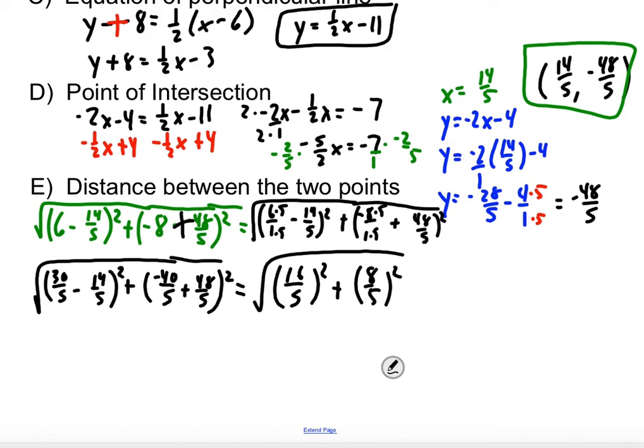Now we can square the numerator and square the denominator. So now we have a common denominator. We've squared everything. Now we can just go ahead and add our numerators together.